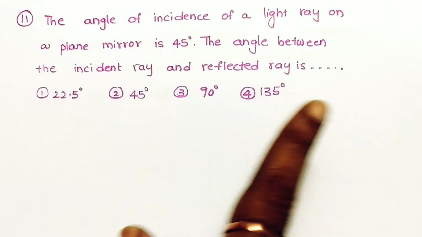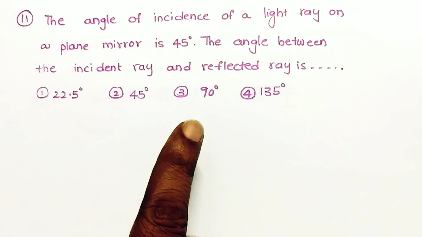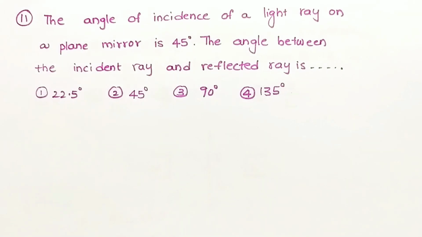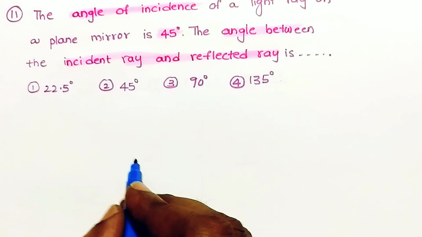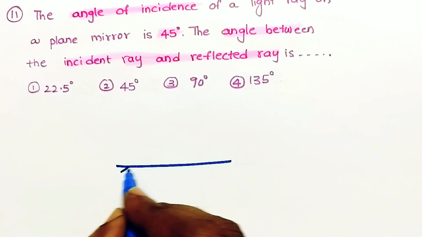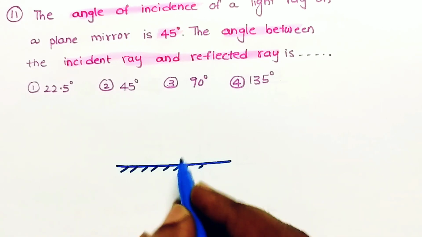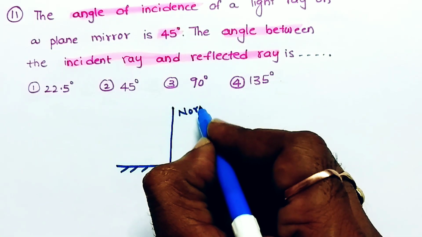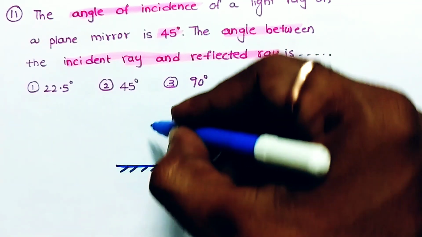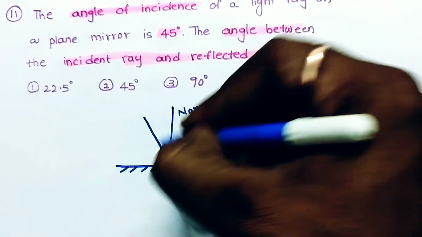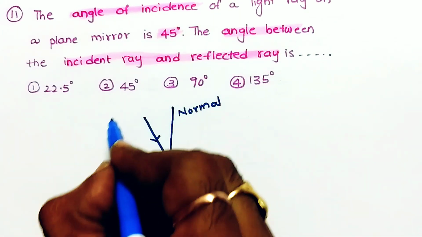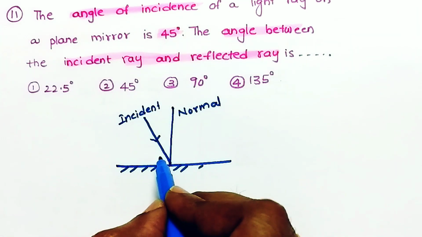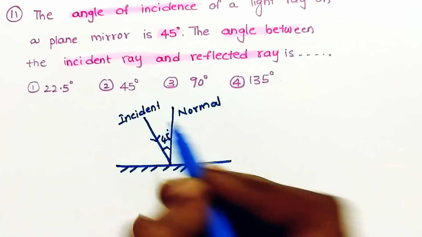The angle of incidence of a light ray on a plane mirror is 45 degrees. The angle between the incident ray and reflected ray is? Suppose this is the plane mirror and this is the normal, and this is the incident ray, and the incident angle is 45 degrees here.